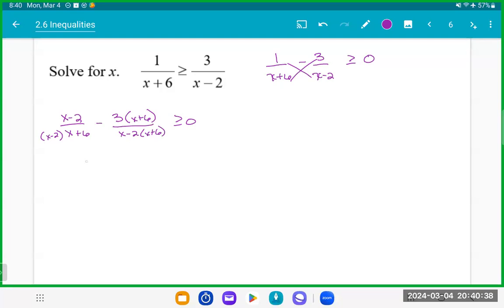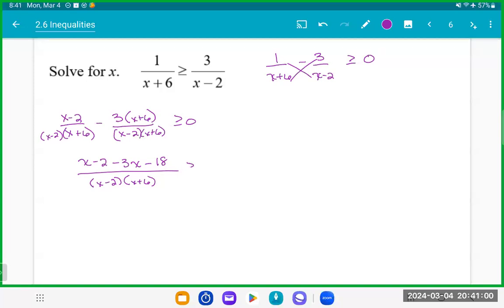So this gives me, combining everything under one roof, we have x minus 2 minus 3x minus 18 divided by our common denominator of x minus 2, x plus 6.